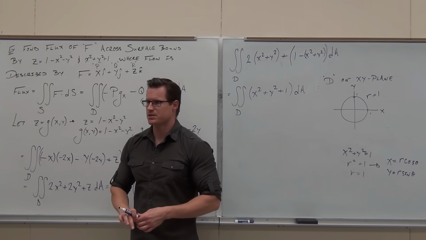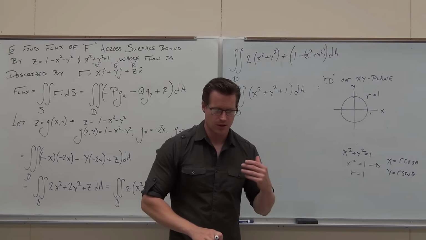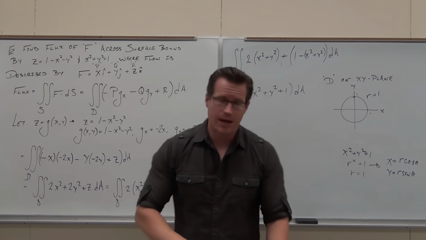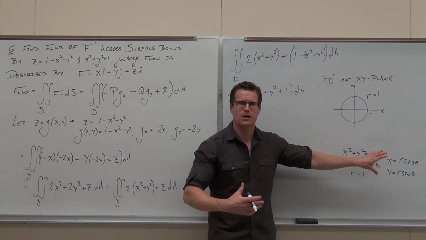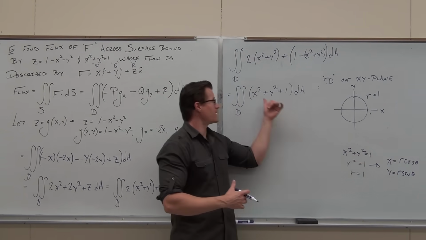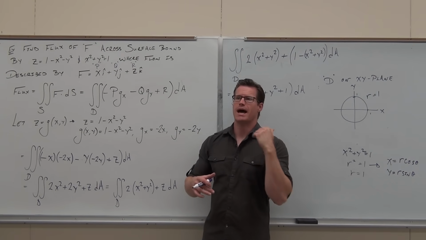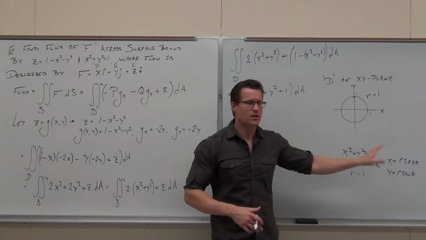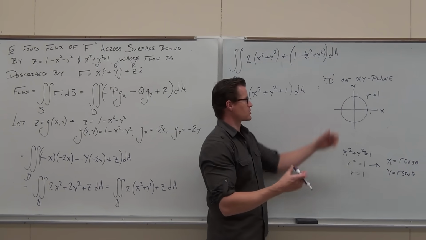You have to have those pieces, okay? That matters. I write it out every time, even though we're not going to use it here. Because if you didn't have x squared plus y squared right there, if you just had x and y, you'd have to have those two pieces. I wanted to show you that. Does that make sense? So here we go, we just defined this in terms of polar.